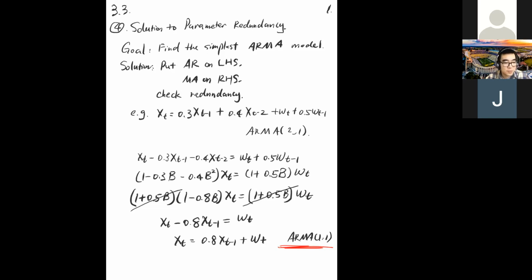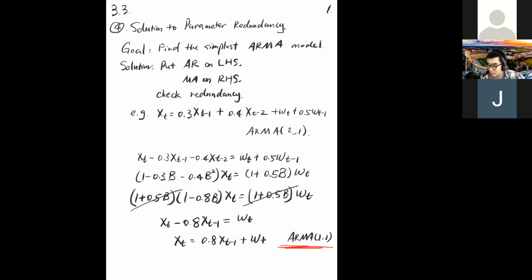Basically, it's to ask the computer to find the roots of the AR polynomial and the MA polynomial and see if the roots have some overlaps. If they do have some overlaps, so for example, here, the overlap is 1 plus 0.5b, so b is going to be negative 0.2, then we will say that there is a parameter redundancy problem.